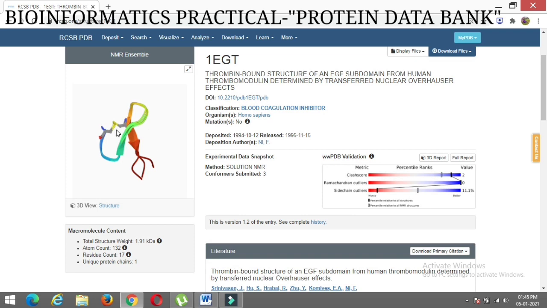This 3D structure that we are seeing was revealed by the nuclear magnetic resonance technique, which is a biophysical technique.